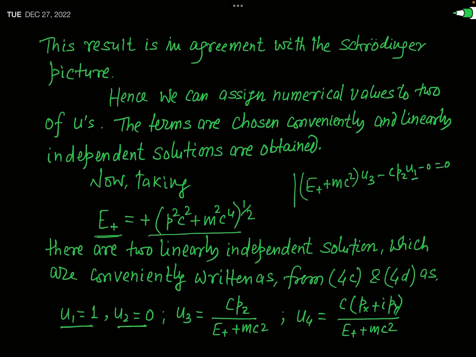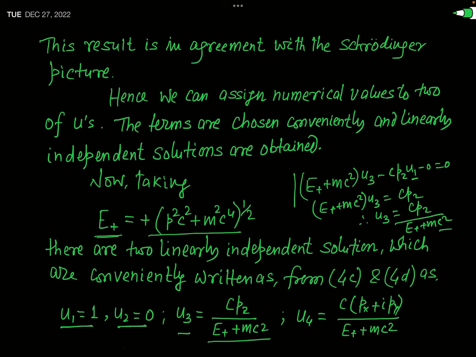So e plus mc square times u3 is equal to what? This is cpz, and from here when we will find the value of u3, you can see this will be cpz over e plus mc square.